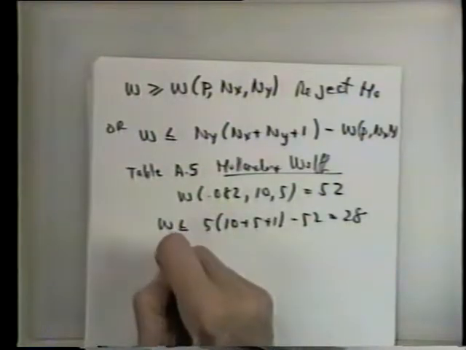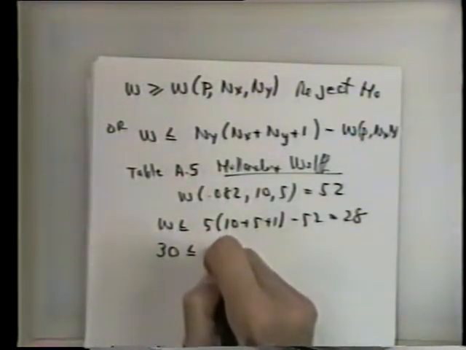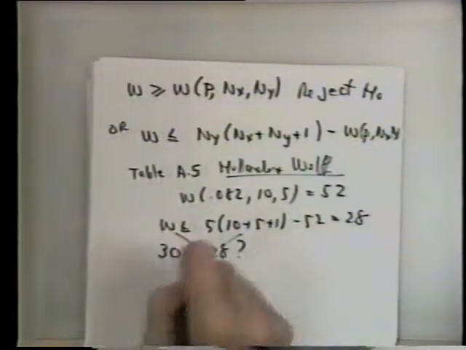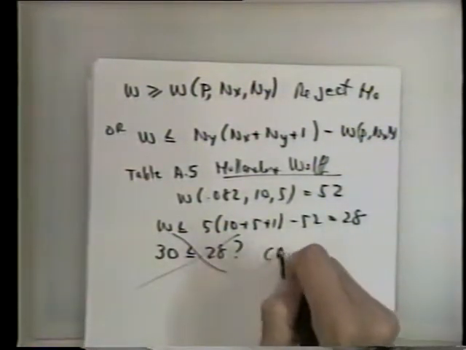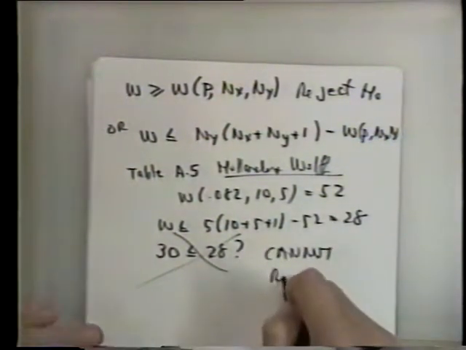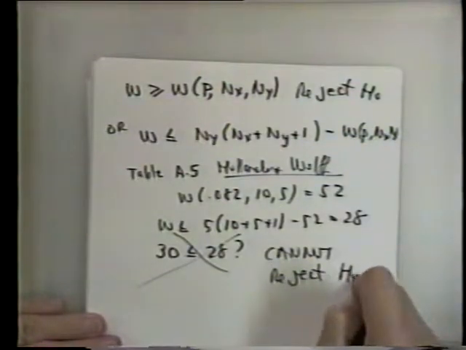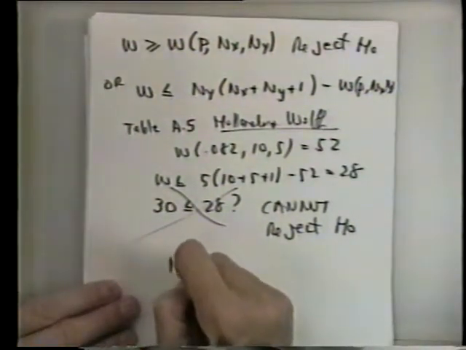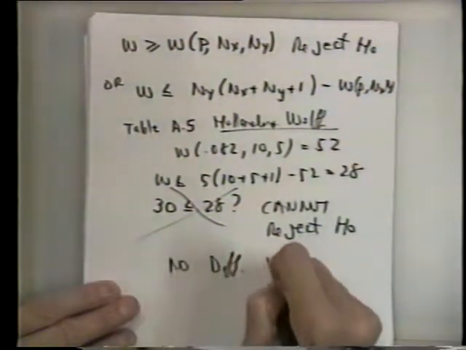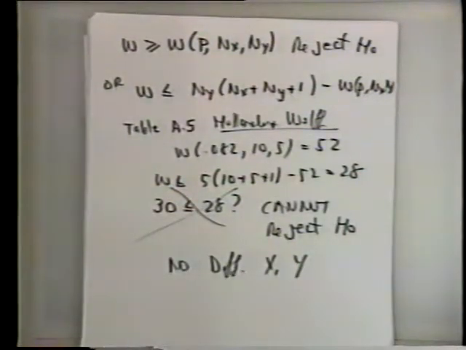So this means since R30 is not less than 28, that means we cannot reject the null hypothesis. So in this case, there's no difference between the measures of central tendency of X and Y.